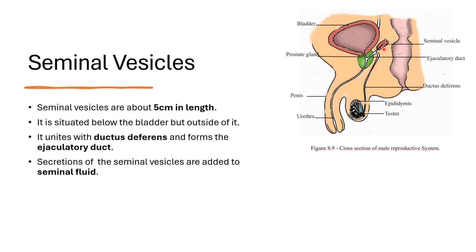And it unites with the ductus deferens, as you can see, and as we have discussed in the previous slide, the duct of the seminal vesicle unites with the ductus deferens to form the ejaculatory duct. And by that, the secretions produced in the seminal vesicle are also added to the seminal fluid, also known as the semen.